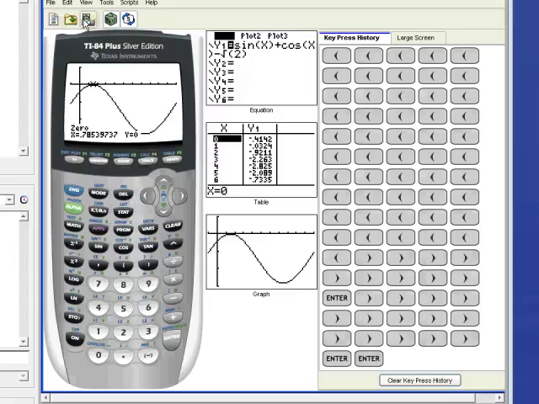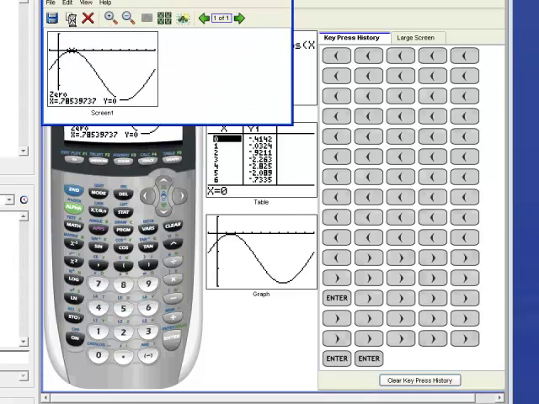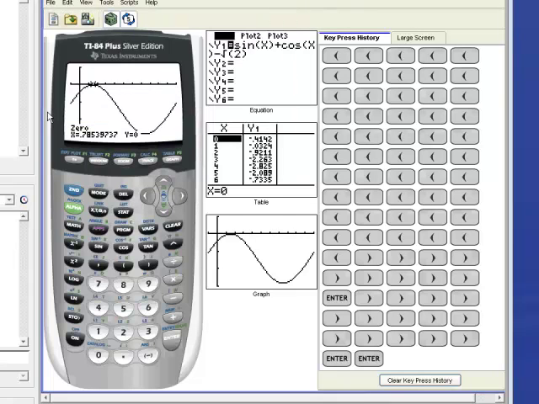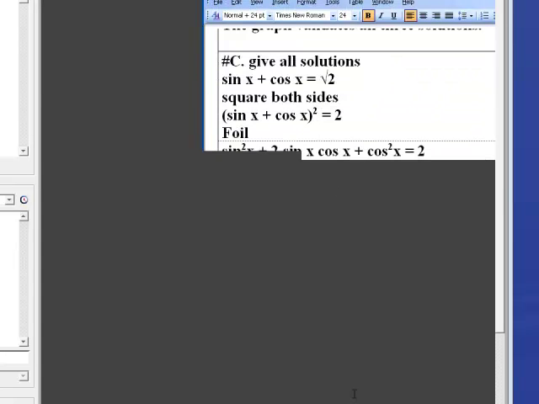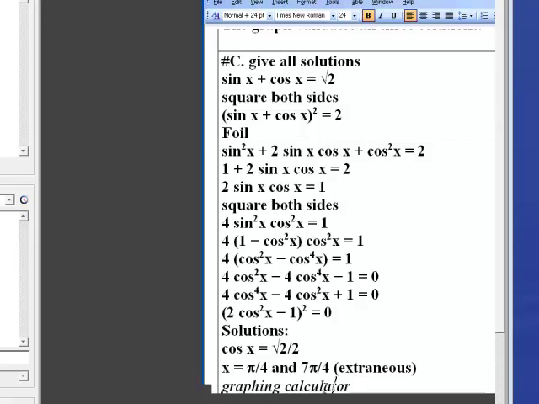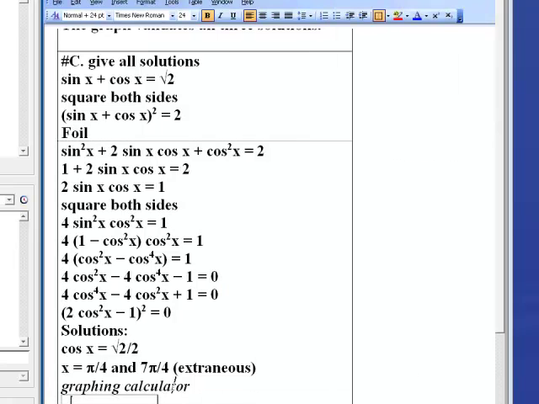Okay, take a screenshot, copy that, and go to Word. We'll insert that, and indeed, pi over 4 is a solution, and as I said, this one here is extraneous.